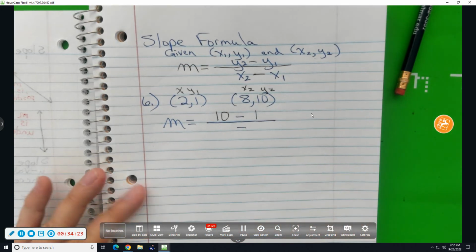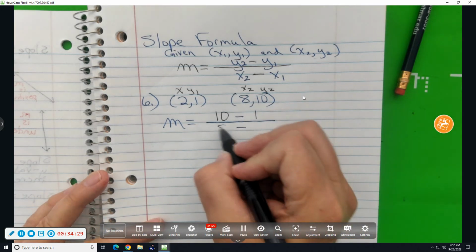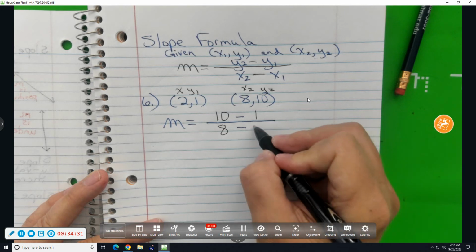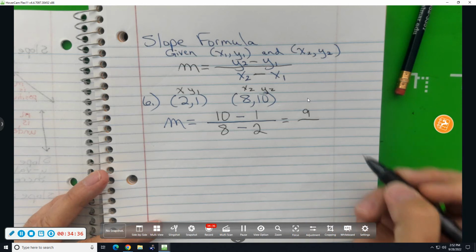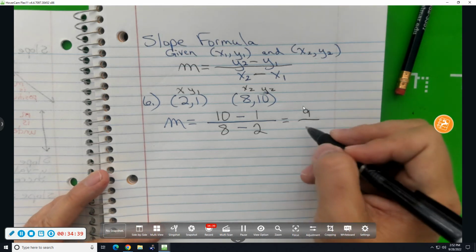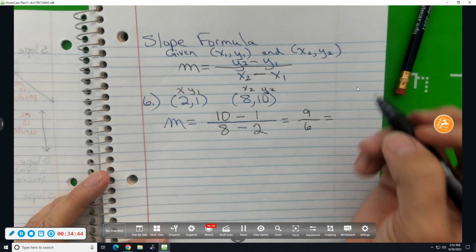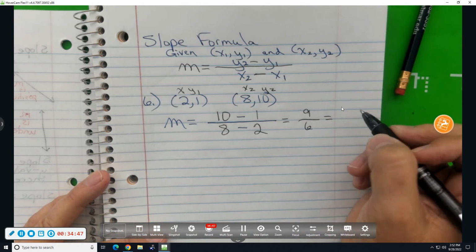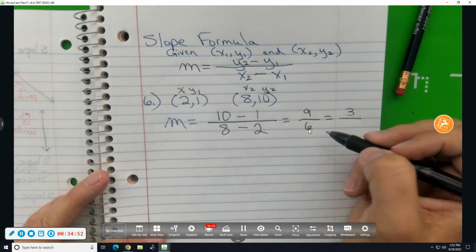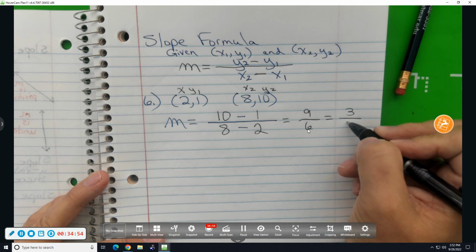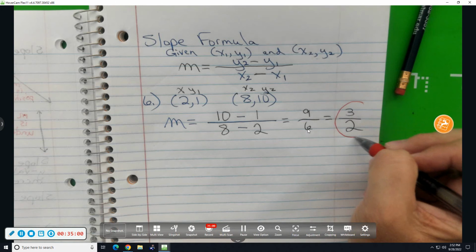All over X2 minus X1. So X2 is 8 minus 2. 10 minus 1 is 9, all over 6. 9 over 6. We can cancel a 3 above and below to give us 9 divided by 3 is 3, all over 6 divided by 3 is? So we have 3/2 as our final answer.